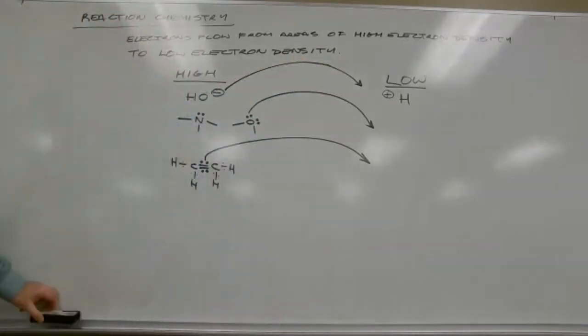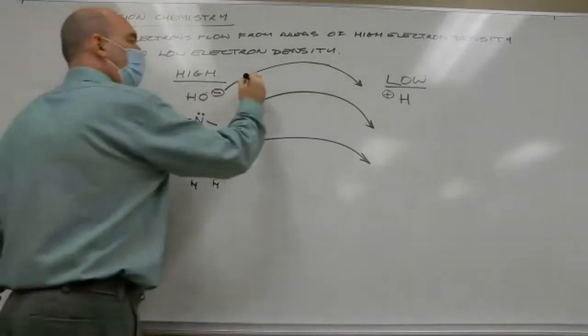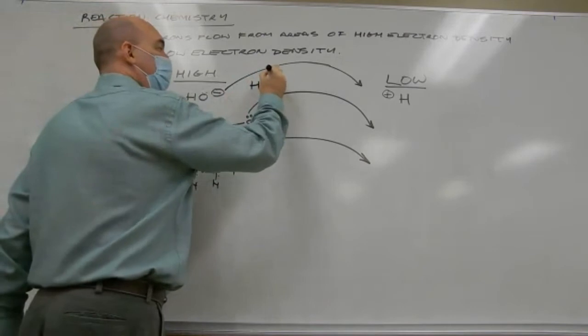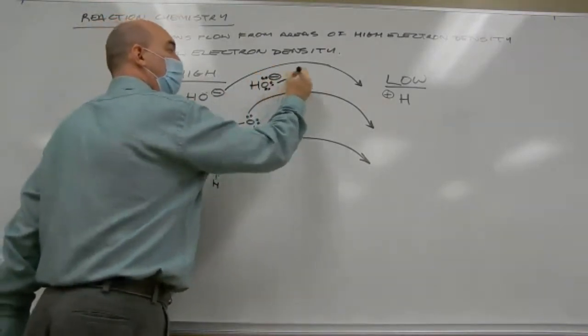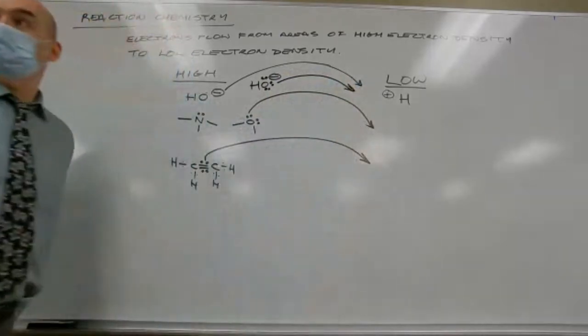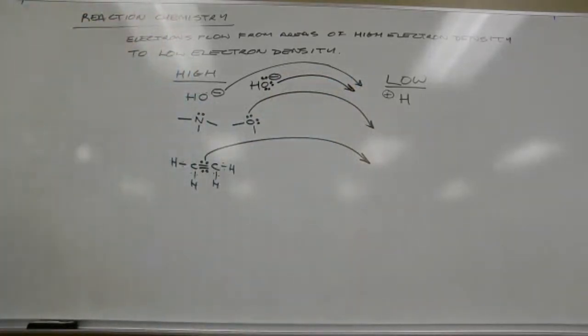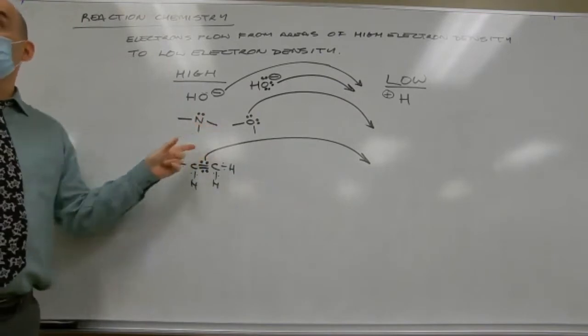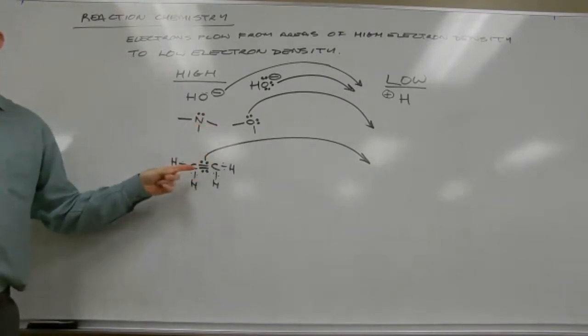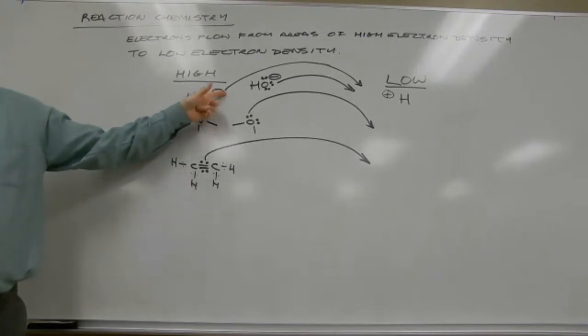You're allowed to draw the arrow coming from the negative. But please be aware that that really is an actual pair of electrons. It really is this. Okay. So, when we write reactions, I need to be able to see where that arrow starts.